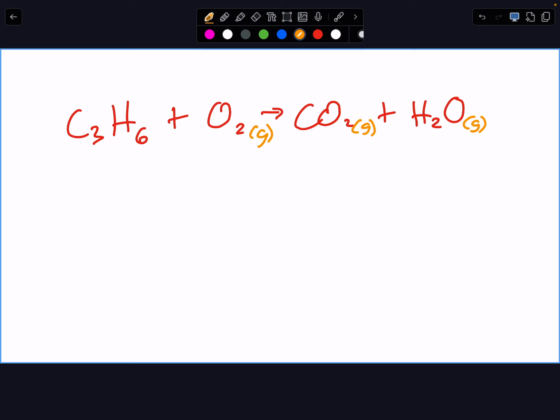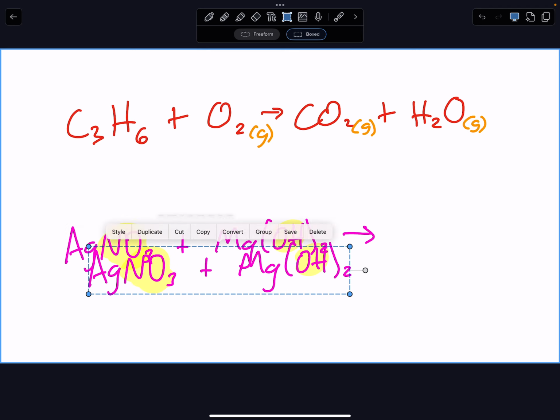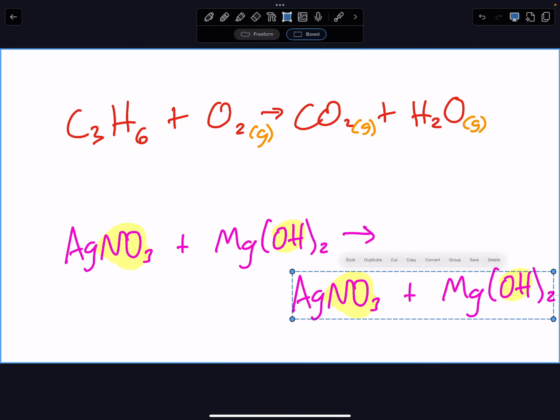And then last but not least, what kind of reaction is this? Double replacement. Good. And who's changing places? NO3 and OH. Beautiful. Not the 2. So if I were to copy this over, let me duplicate this for a second.